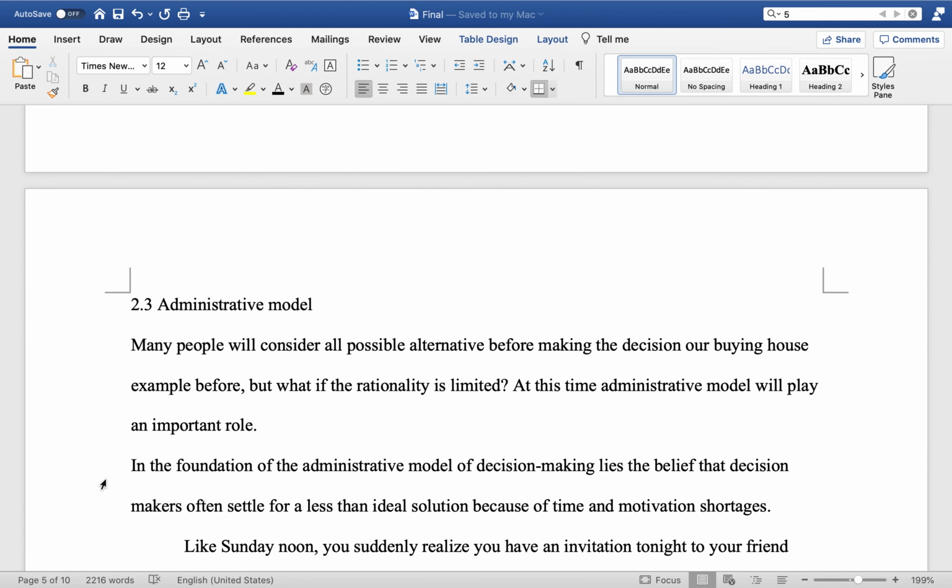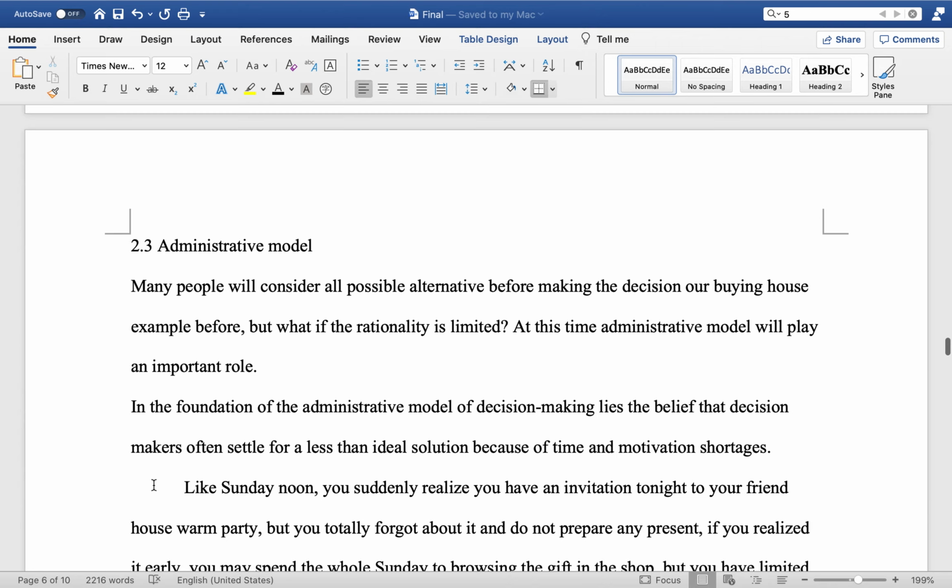So the next model is the administrative model. Many people will consider all possible alternatives before making the decision. But what if our rationality is limited?